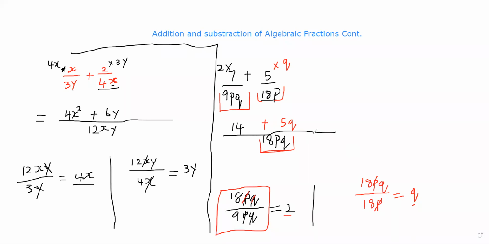No, sir. Why? Because they're unlike terms. Good. One is a constant, a number, and the other is a Q term. So they're not the same. They're unlike terms, right?